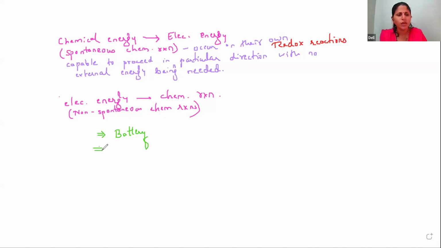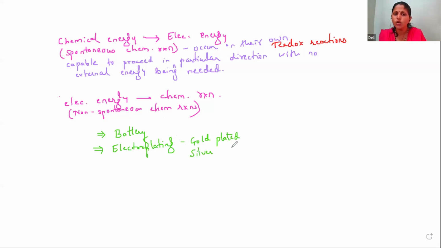The second important application is something called electroplating. You might have seen gold plated ornaments. Then you have certain plates used for offering puja, which are silver plated.